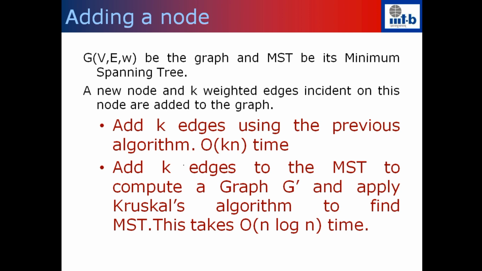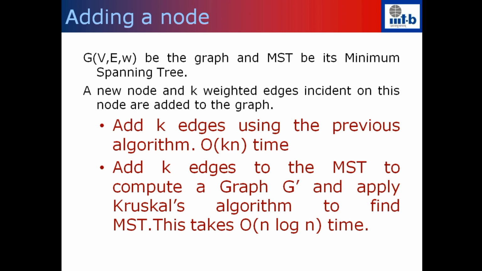So you create a graph with the older MST edges plus the k added edges. This will have n minus 1 plus k edges, which is smaller than 2n. Now apply Kruskal's algorithm on this graph, which is the union of edges in the old MST and the newly added edges, and you find the minimum spanning tree.